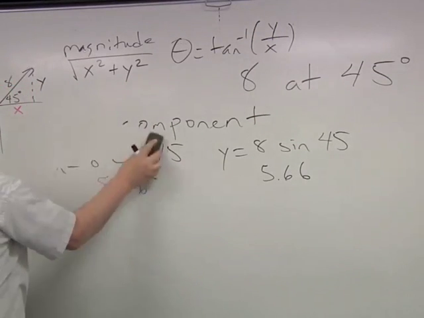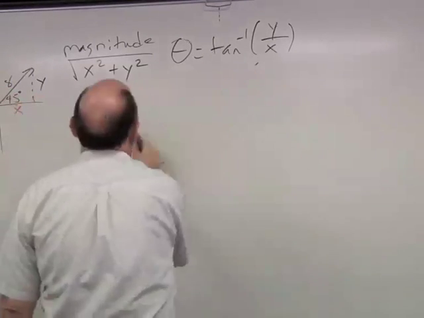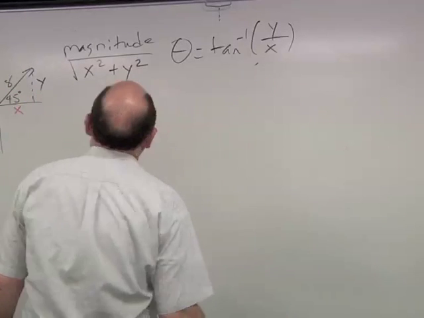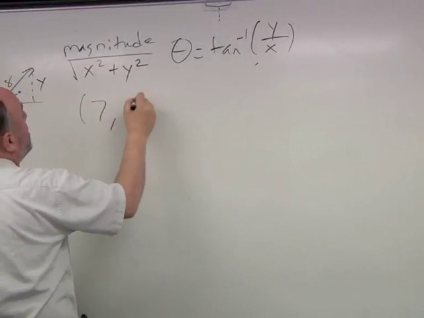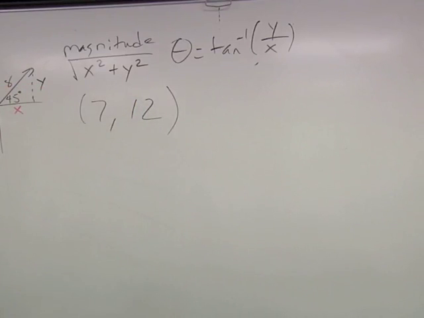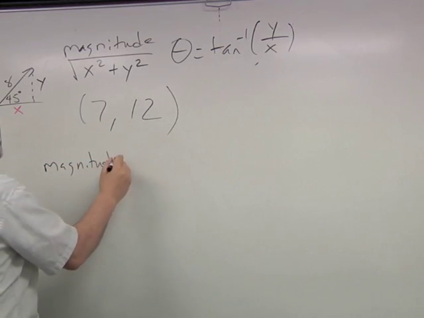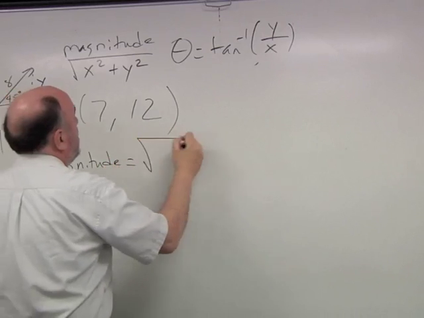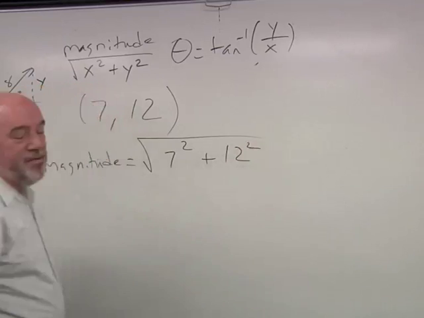So let's do an example. So for example, let's say we have the point is 7, 12. I want to know the magnitude and the direction of this vector. So the magnitude will be given by the square root of 7 squared plus 12 squared.